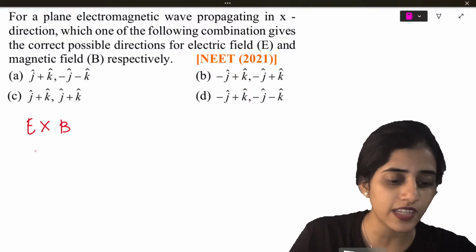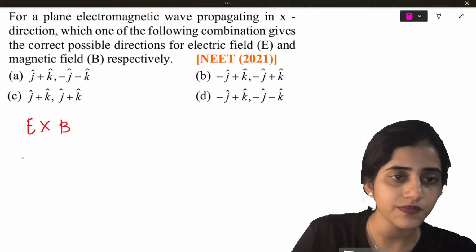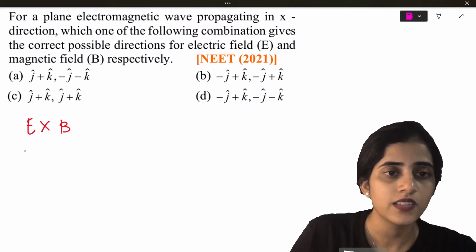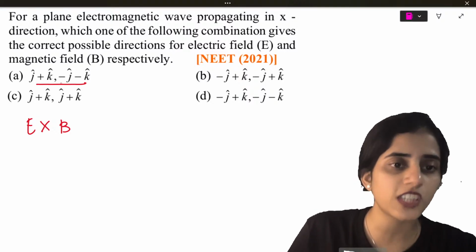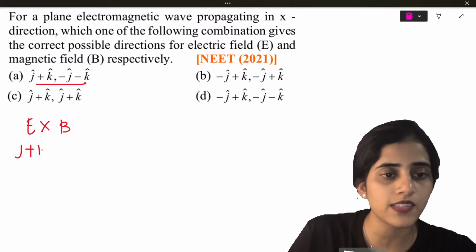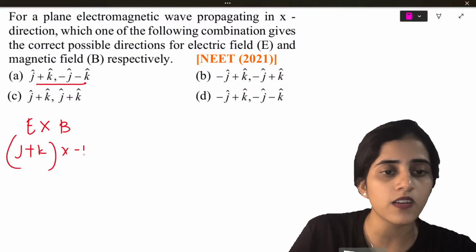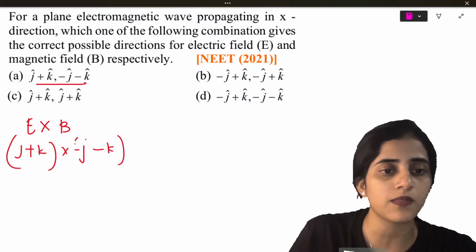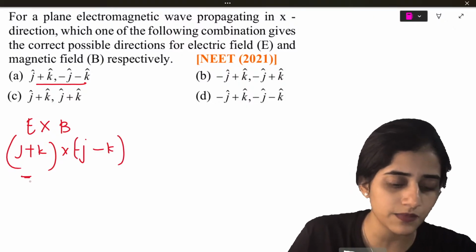So let's first take J cross J. So I'll first take this. J plus K cross minus J minus K. So what will it become?